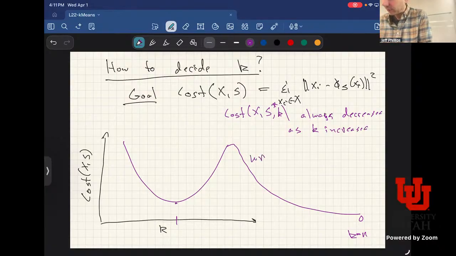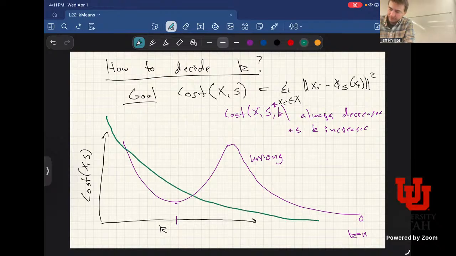What the plot actually looks like is this, where it will eventually hit some value 0, and it will always be decreasing. It can never increase like this.